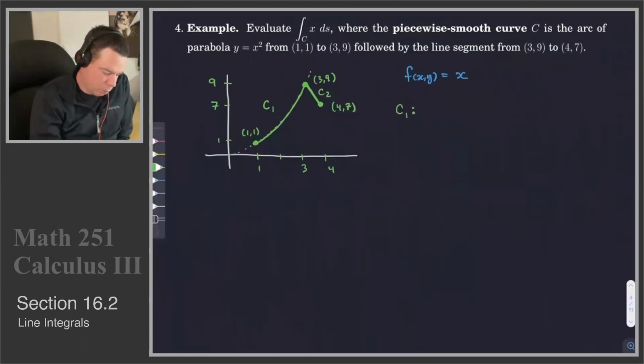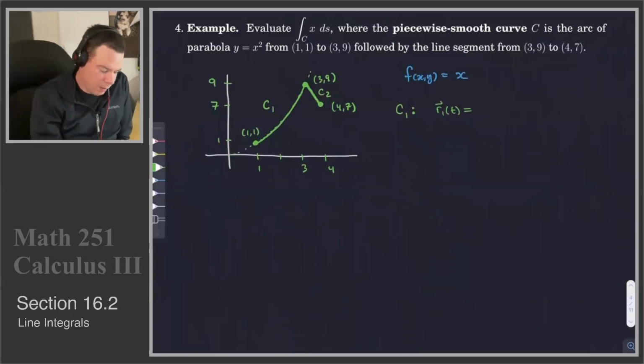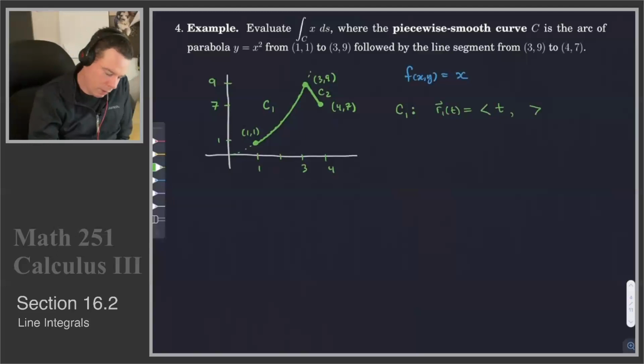So what is our parametrization going to be? Maybe I'll call it r1 of t. So this is going to be a parabola. Y is equal to x squared. So if I took t as my parameter, so x is t, y has to be t squared in order to give us a parabola.